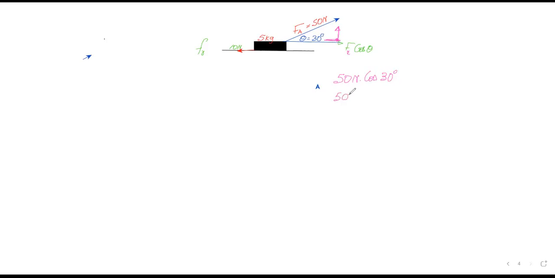So that is 50 Newton multiplied by 0.866. That gives 43.3 Newton, facing east.